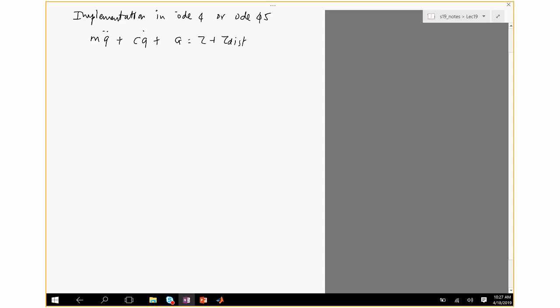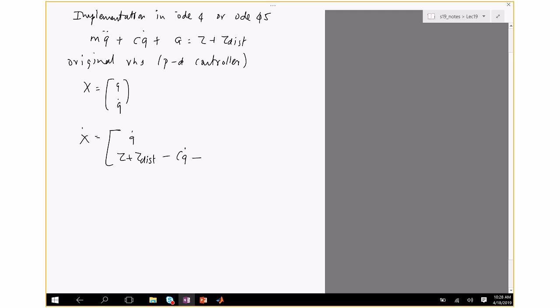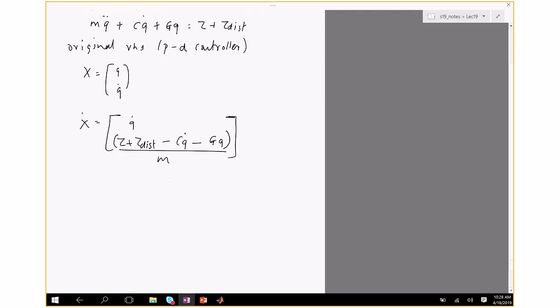So in the original RHS, this is for the PD controller, the state was q and q dot, and so when you wrote the equation x dot in the right hand side, you wrote q dot for the first one, and for the second one you wrote tau plus tau disturbance minus C q dot minus G q, divided by M. So this was the original right hand side for the PD controller. For the PD controller, you just need the position and velocity, which you got.